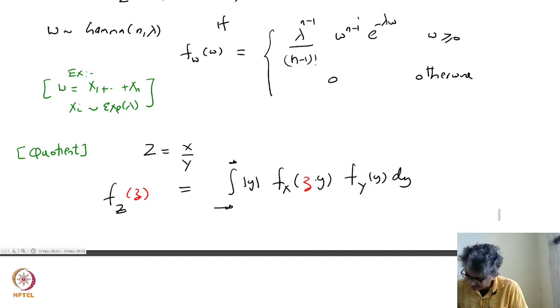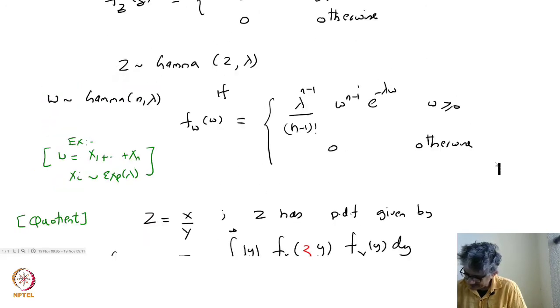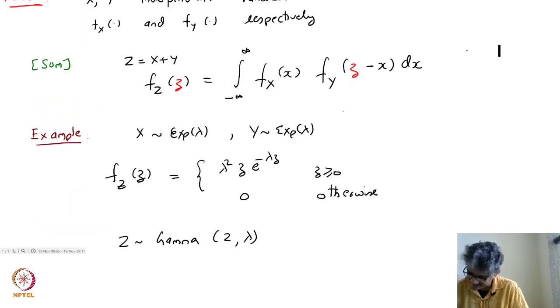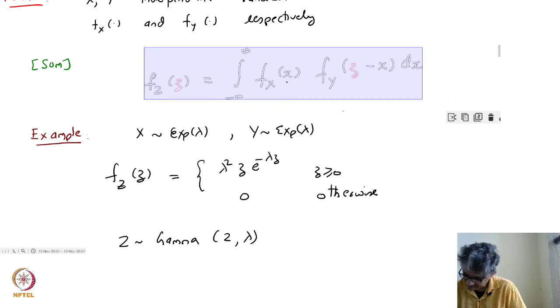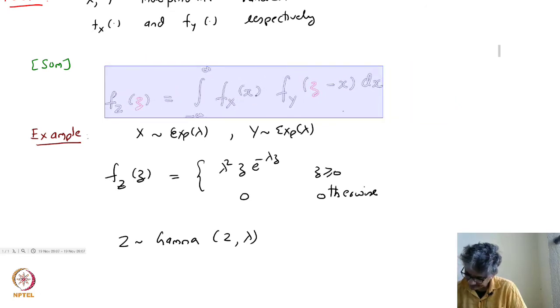Again, Z has PDF given by this thing. Z is also continuous, and Z has a PDF given. And if you go up here, Z equal to X plus Y. Let me erase this a little bit.